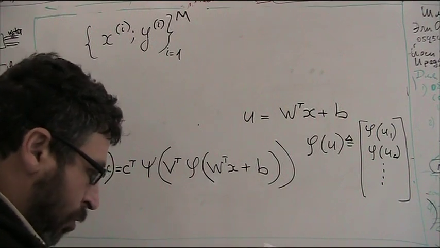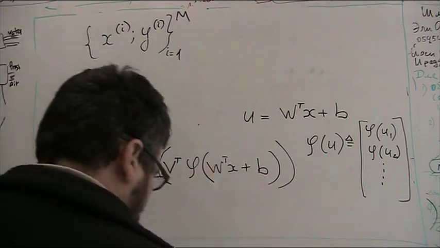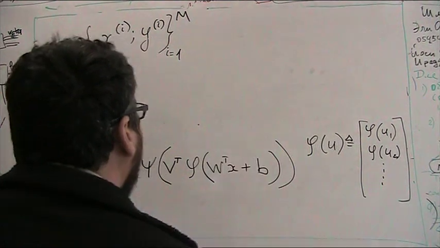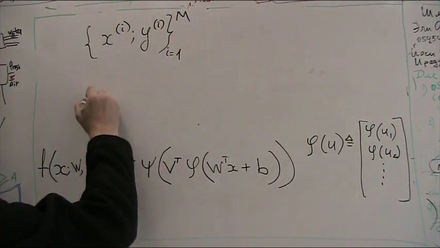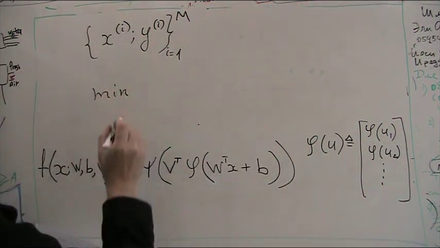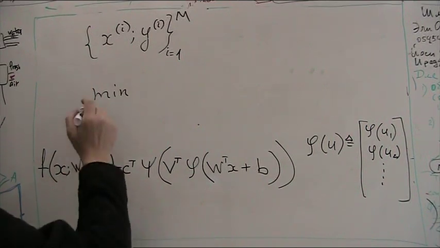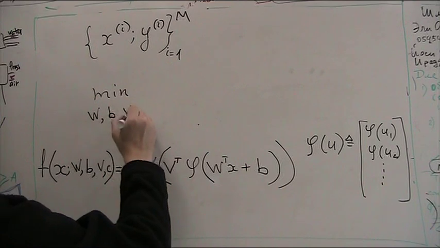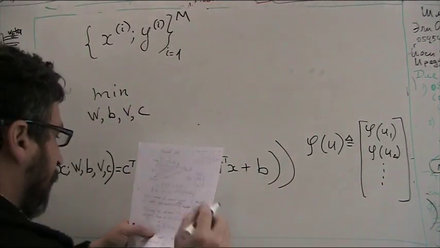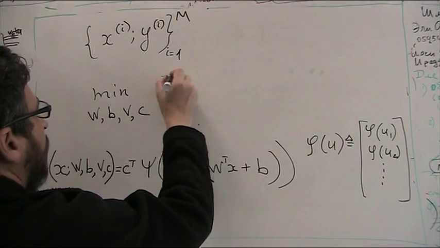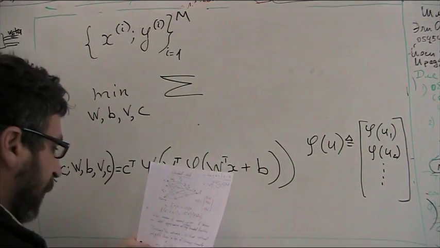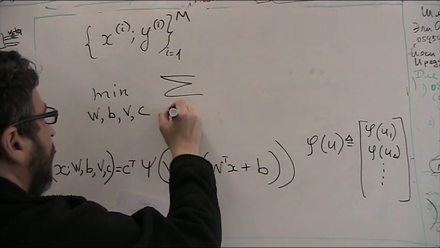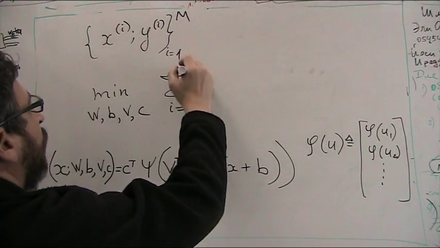So how can I write it in general? I will write it as an optimization problem. Minimize over a set of my parameters w, b, v, and c, the sum over my experimental, sometimes called training examples, i from 1 to m.